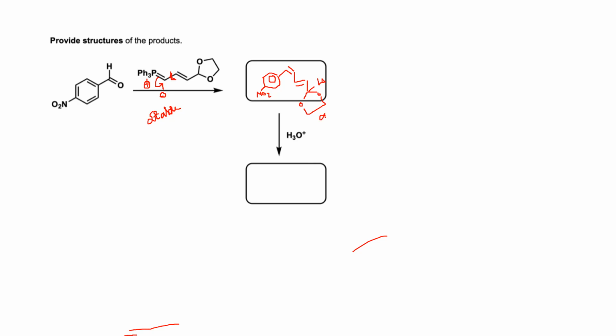Acetals are always acid sensitive, highly acid sensitive. So whenever we add acid to an acetal moiety, what will happen? This oxygen will take up a proton and get positively charged, then a lone pair of electrons moves here and this opens up.